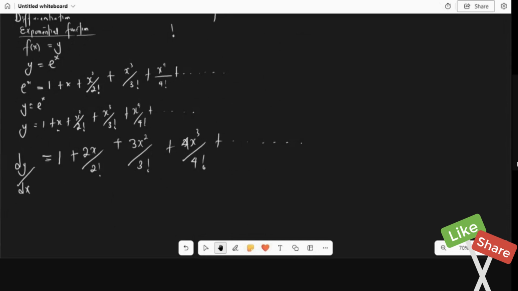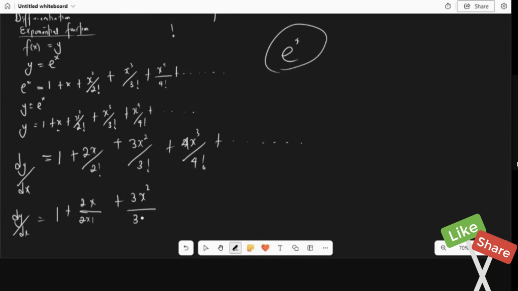Now, why is this problematic? Why is e to the power of x indefinite? If we decide to simplify this, we can say dy over dx is equals to 1 plus, I can say 2 over 2, because this is 2 times 1 x, plus 3x squared over 3 times 2 factorial.